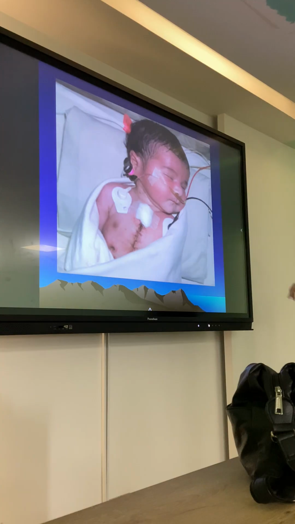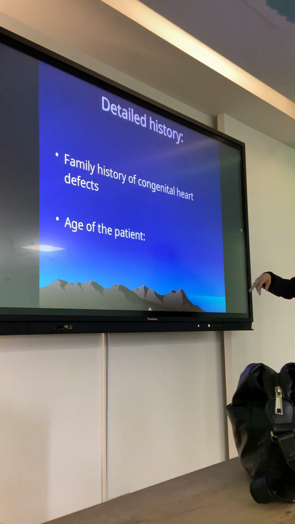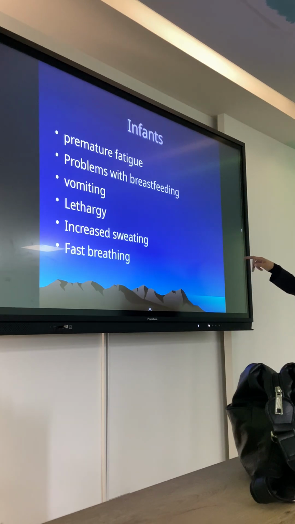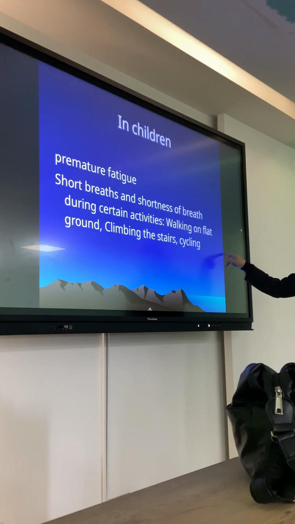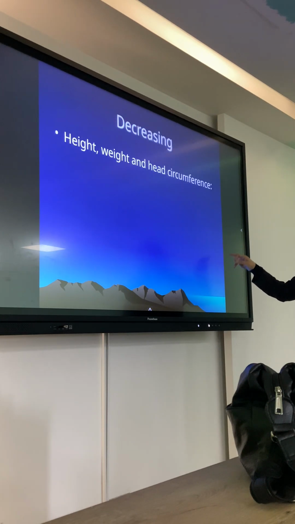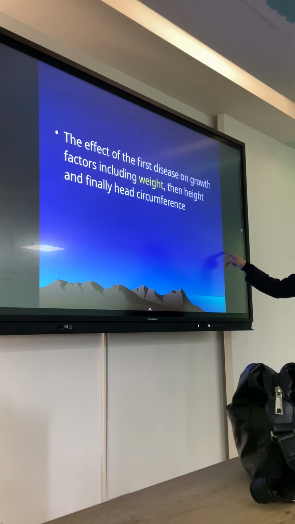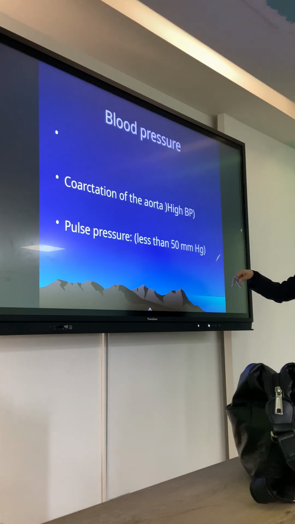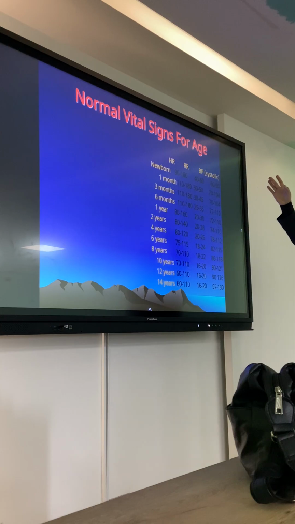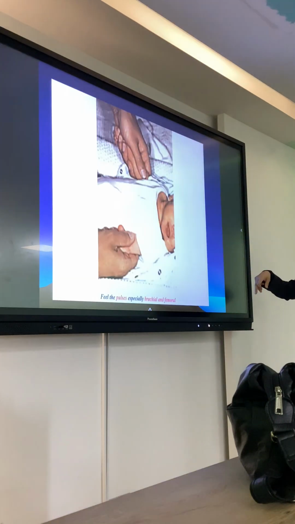And this is a boy with congenital heart disease and is under surgery. And we said about family history, about signs, symptoms, and also physical examination, and about blood pressure also. And this is normal vital sign, let's pay attention to them.